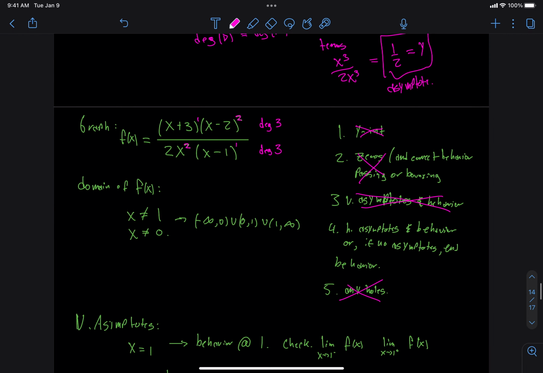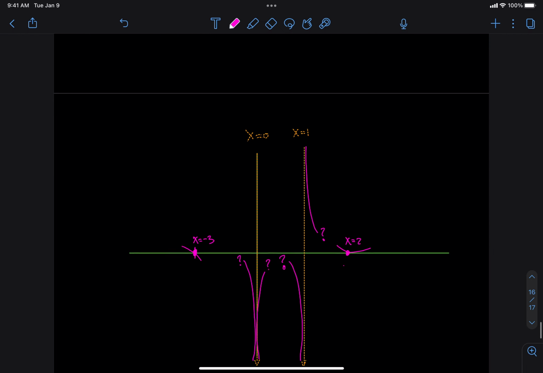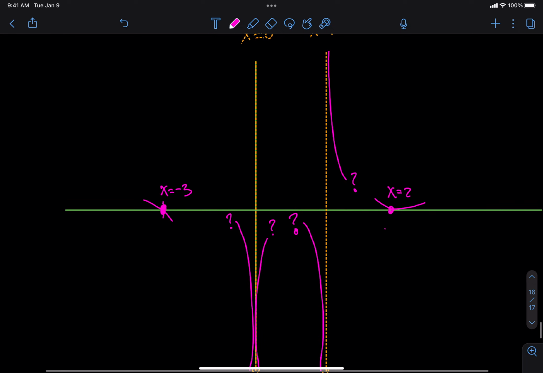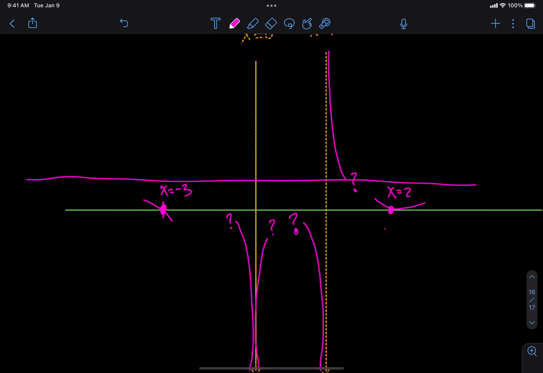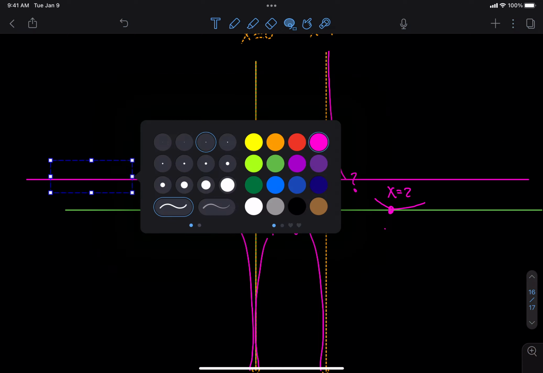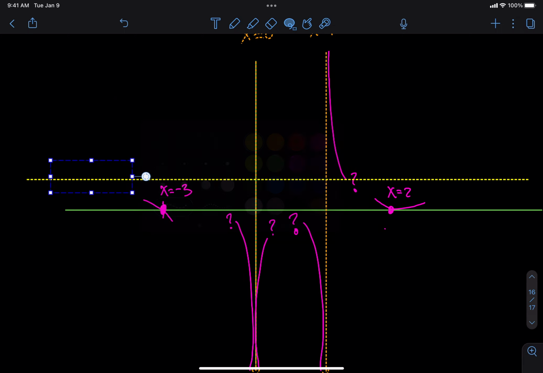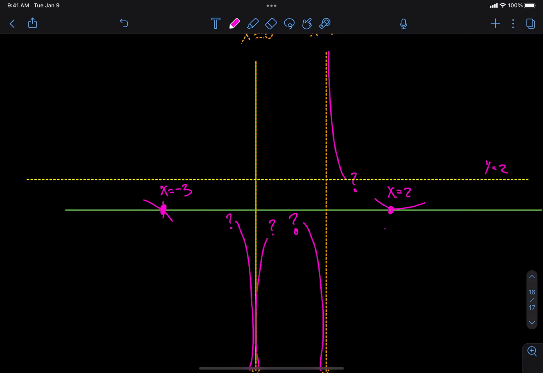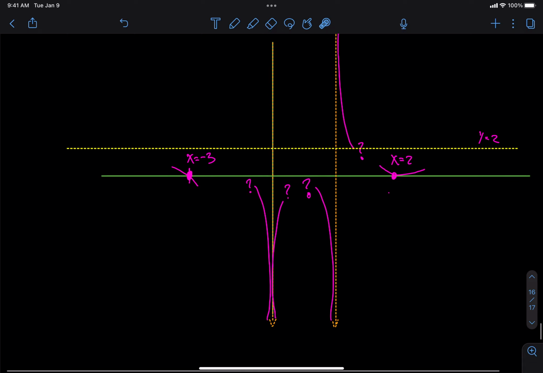Okay? So let's do it. 1/2 maybe looks something like this. Except, let me change the style. Let's do it with yellow and dashed. And that is y equals 1/2. So we have all of the asymptotes.